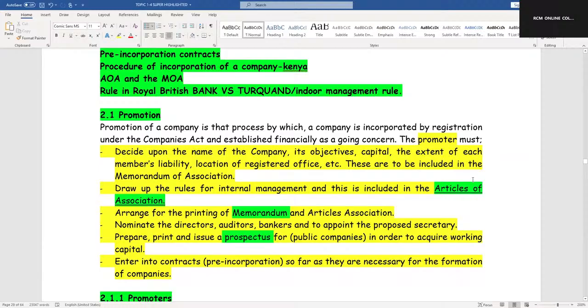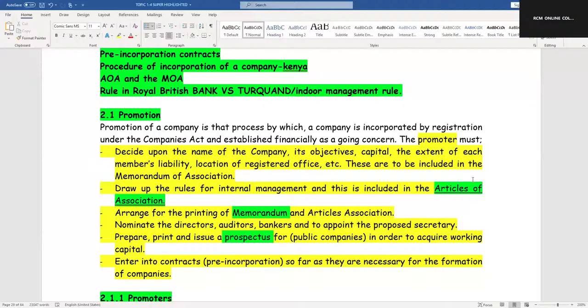If he is forming a public company, that's what he will register. He will have the mandate to come up with the very first prospectus that invites members of the public to buy into the shares of the formed company. That is a duty he will play. If he is forming a public company, he will enter into contracts as far as necessary to enable the formation of the company.